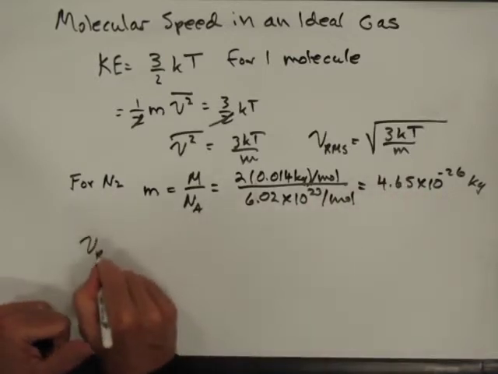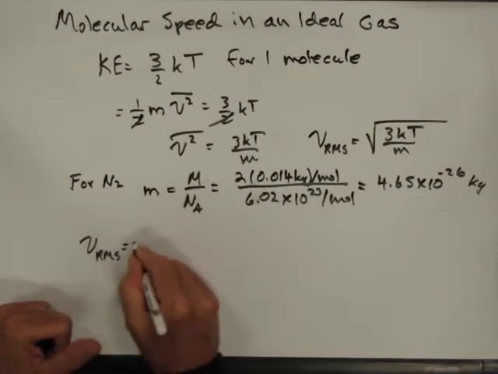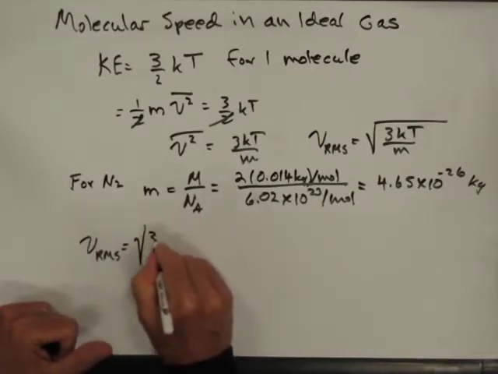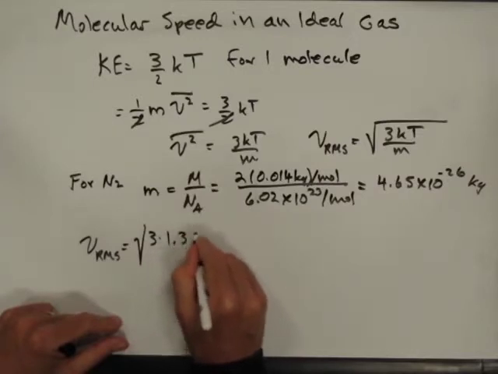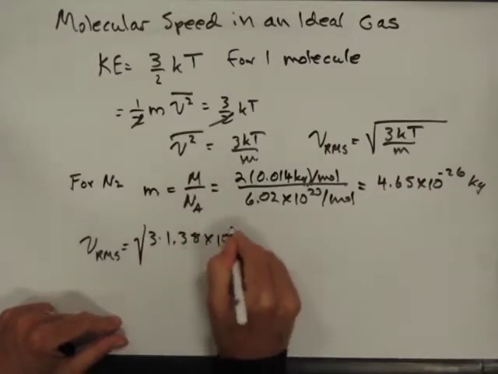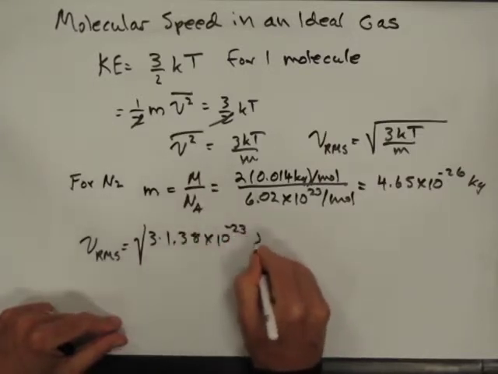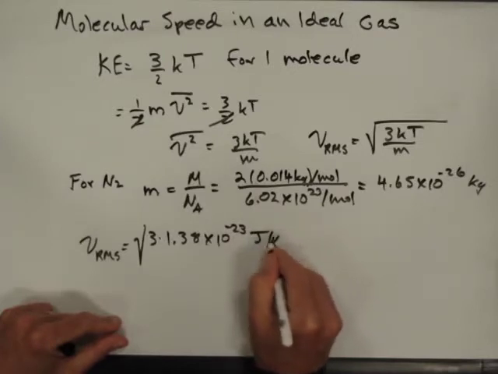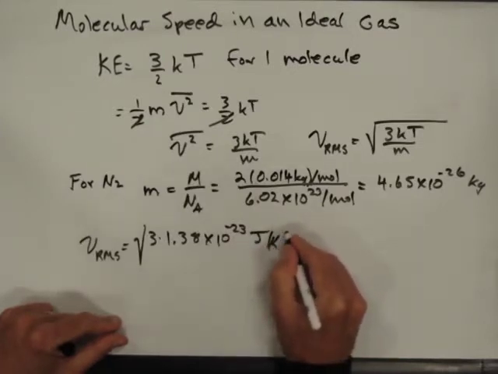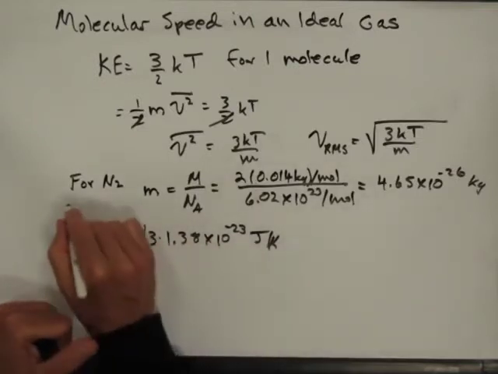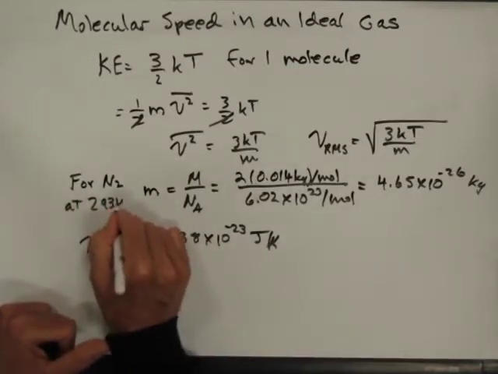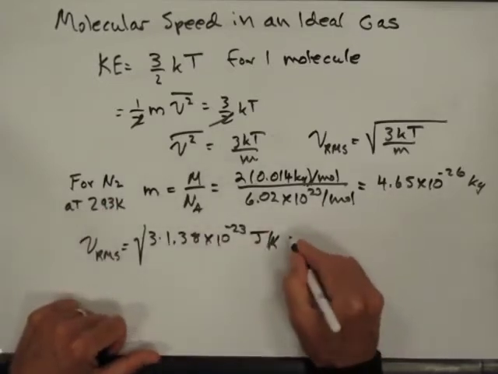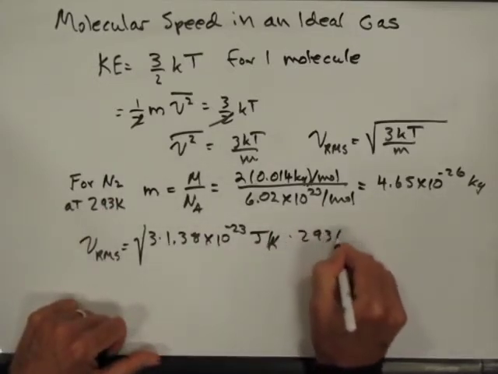And so now VRMS is the square root of 3 times the Boltzmann constant, which is 1.38 times 10 to the minus 23rd joules per Kelvin, and we're going to say at room temperature, so at 293 Kelvin, say, times 293 Kelvin.